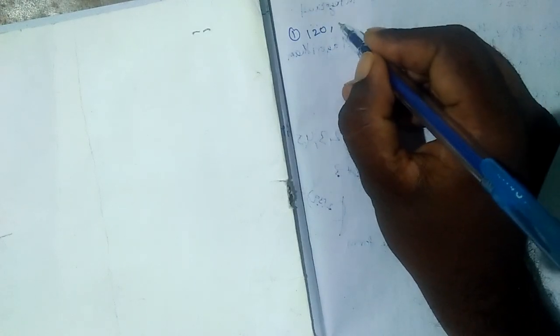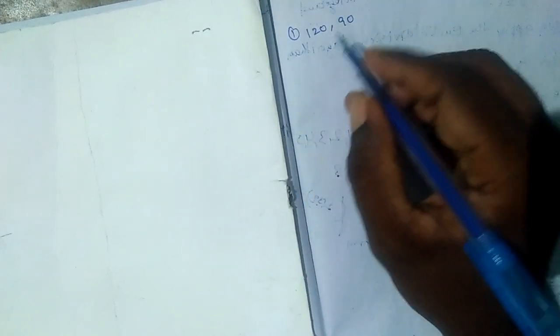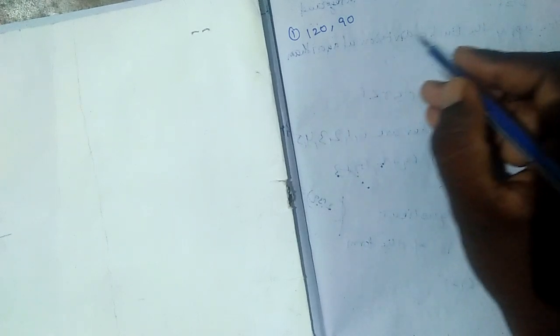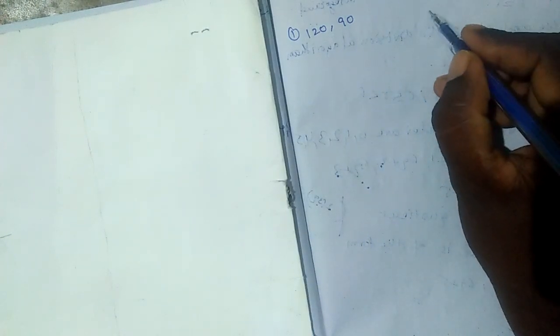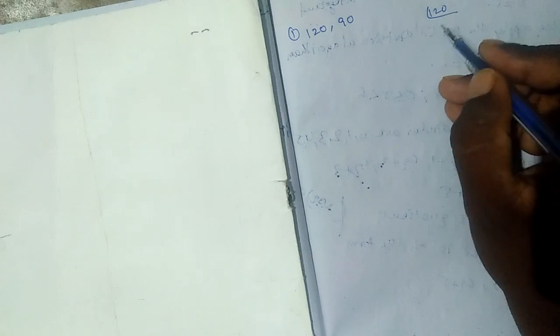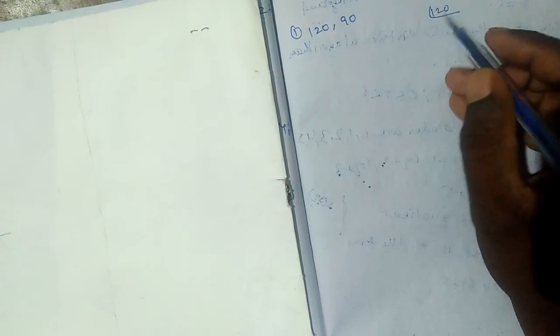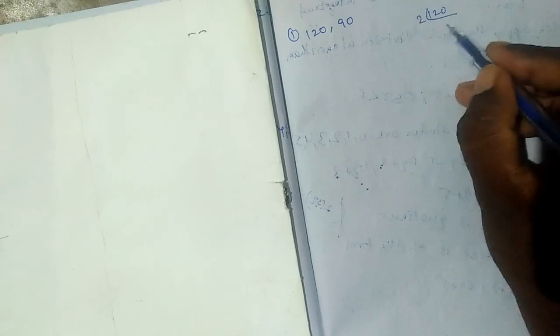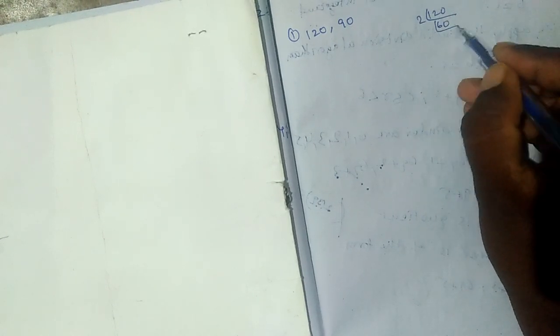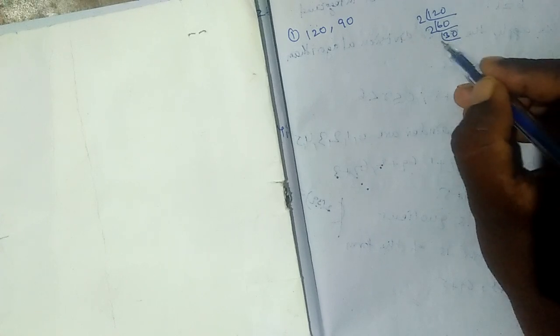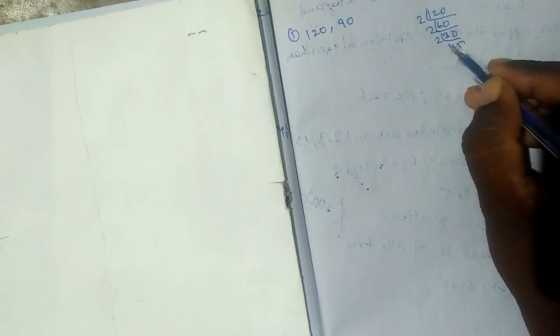So what is the first problem of do this? So it is 120 comma 90. So first of all we factorize the 120 and 90. Do the prime factorization of 120. 2 60s are, 2 30s are, 2 15s are, 3 5s are.